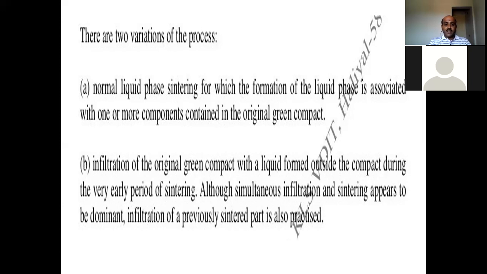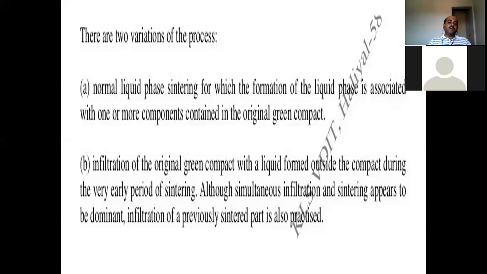The second is infiltration of the original grain compact with a liquid formed outside the compact during a very early period of sintering. Although simultaneous infiltration and sintering appears to be dominant, the infiltration of previously sintered parts is also practiced.